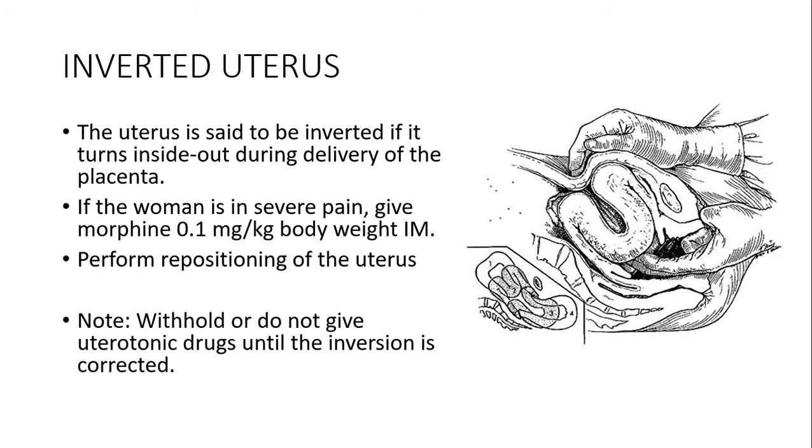And you need not give uterotonic drugs until the inversion is corrected. So you need to give painkillers, ask the anesthesiologist to help you, and also ask for help, for extra hands. Then you need to reposition the uterus. This is the operative maneuver, like it's shown on the picture. And only after you reposition the uterus to the normal situation, you may give uterotonics, only after it.